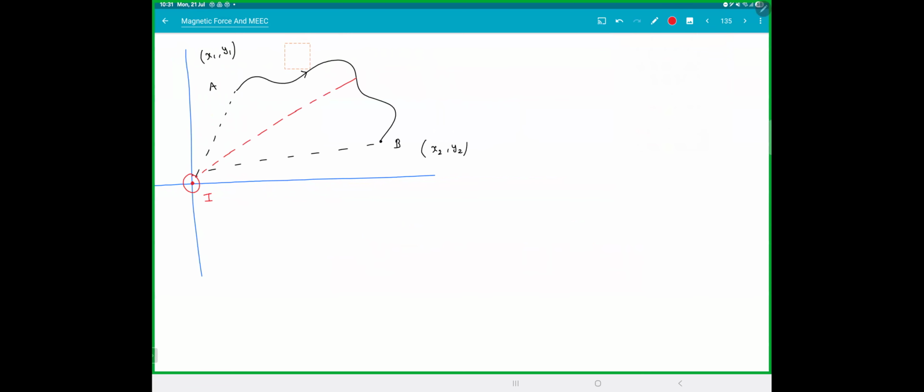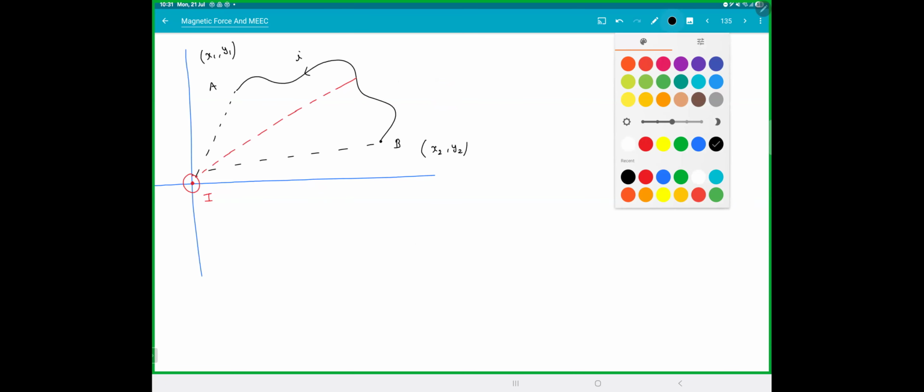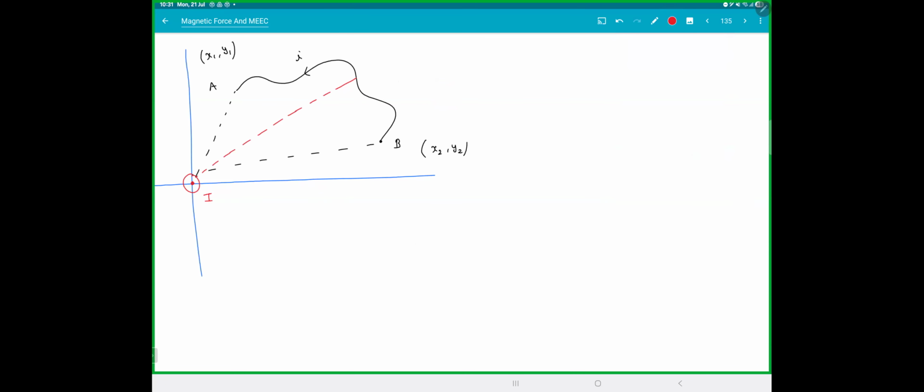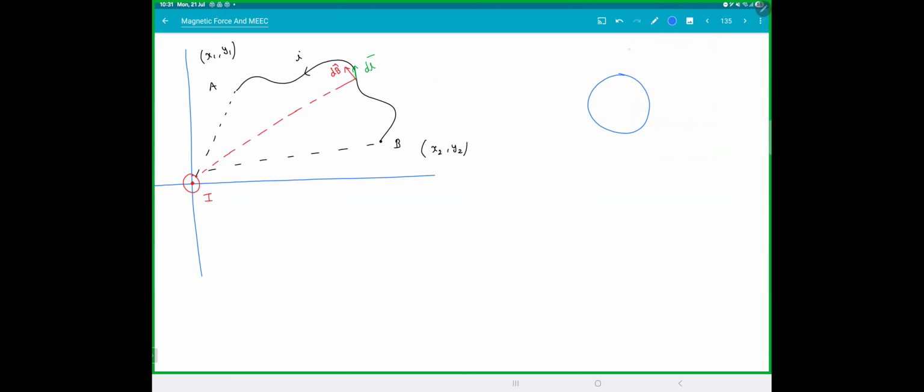I'll do one thing, I'll take I in the opposite direction. It doesn't matter, just for convenience. So if you look at the magnetic field here, this will be in this direction, dB bar. And if you look at your dl bar, dl will be in this direction. That's your dl bar.